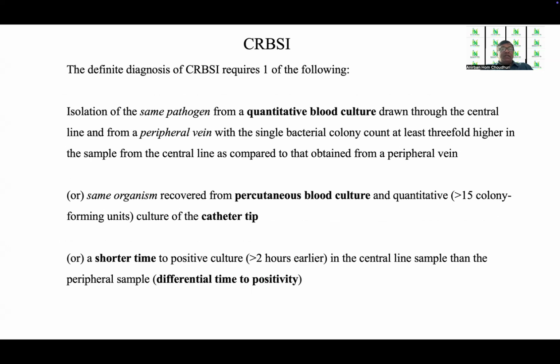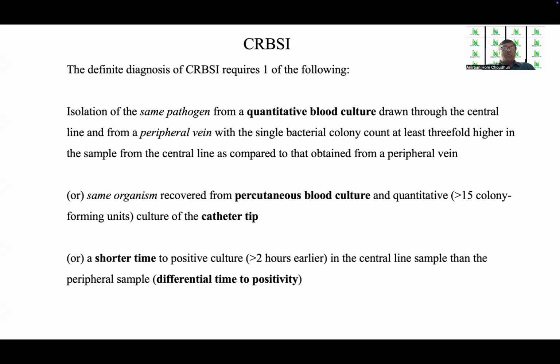One, it can be either isolation of the same pathogen from a quantitative blood culture drawn through the central line and from a peripheral vein with the single bacterial colony count, that is SBC, at least threefold higher in the sample from the central line as compared to that obtained from the peripheral vein. So if it is so, it satisfies CRBSI.